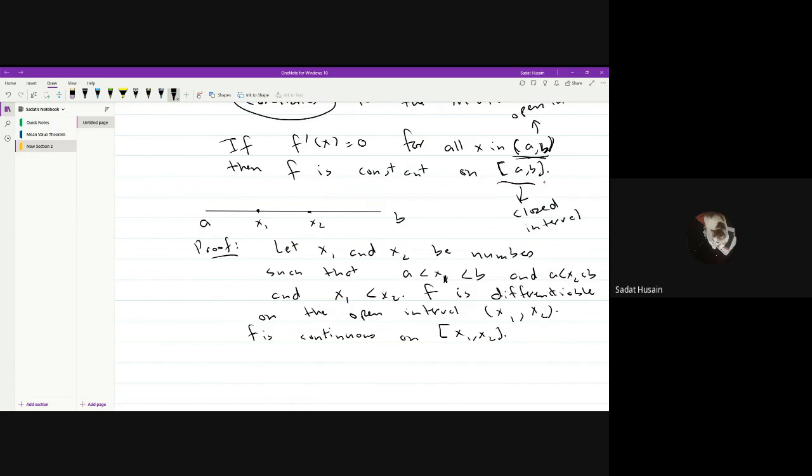Why? Because if it is continuous on this whole interval, then it is continuous on this smaller interval as well.